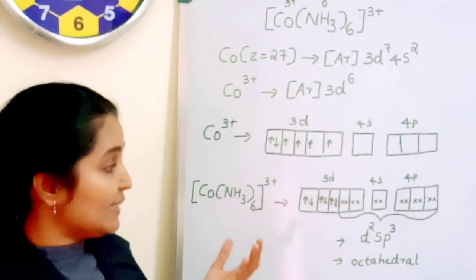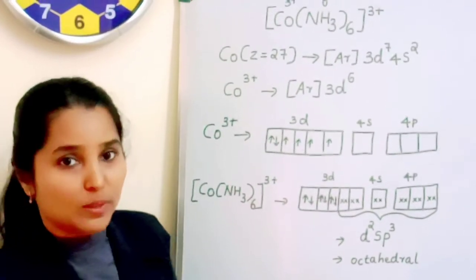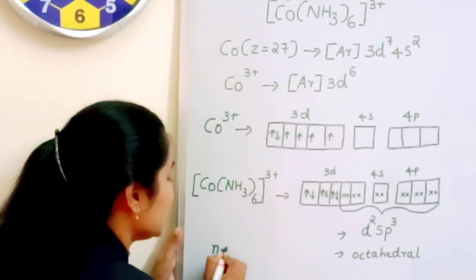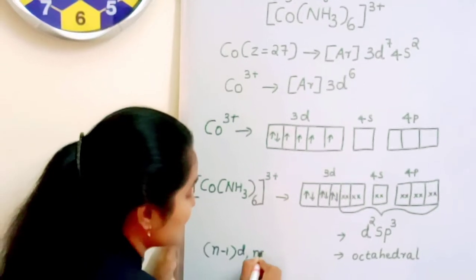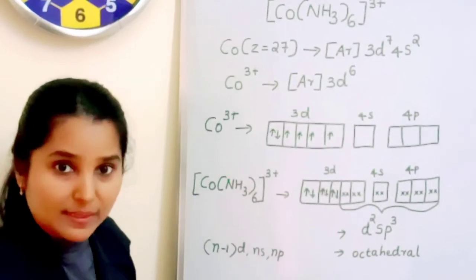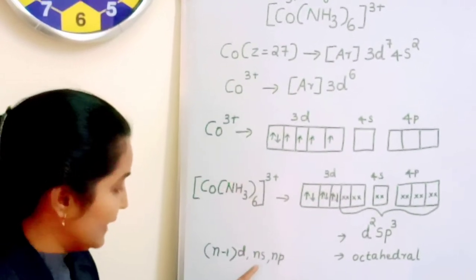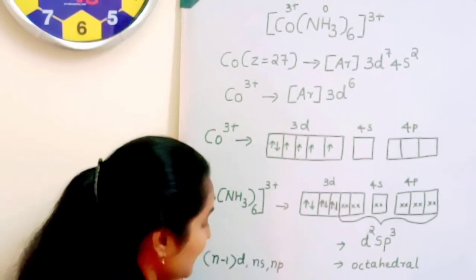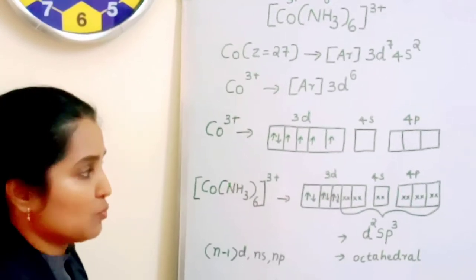We have to know whether it is an inner orbital complex or an outer orbital complex. We have already told that if it is (n-1)d ns np, it is an inner orbital complex. We can see here, n is 4, so ns is 4s, np is 4p, and d is 4 minus 1, 3d.